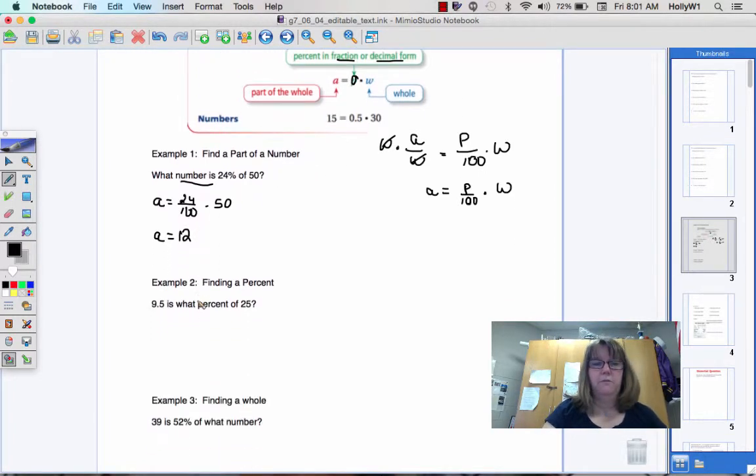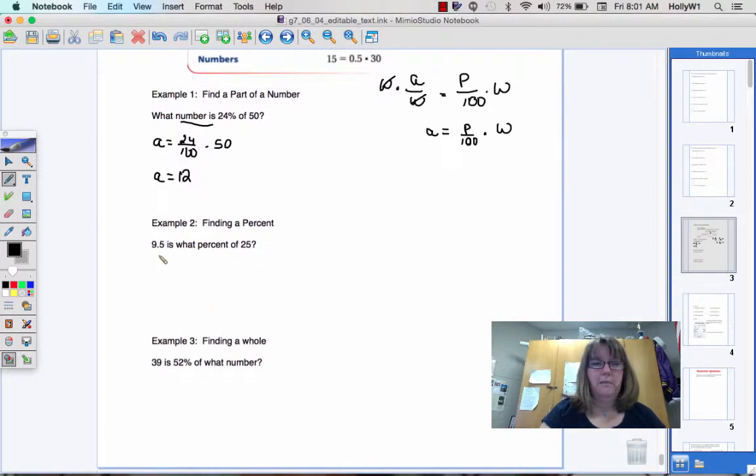Okay, example 2, finding a percent. 9.4 is what percent of 25? Well, A is equal to the percent times the whole. 9.4 is the part, because that goes with the is. And that is equal to the percent. Well, we don't know what the percent is, so that's P times 25.